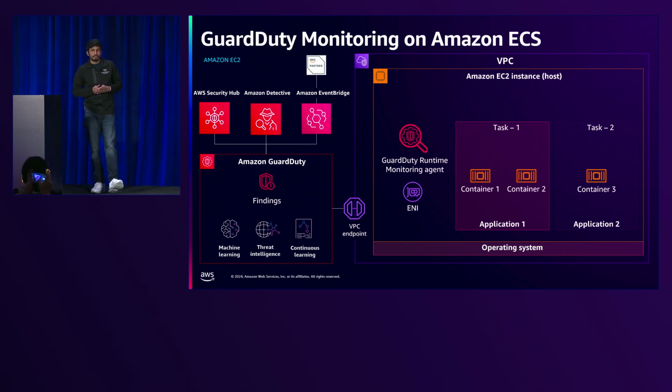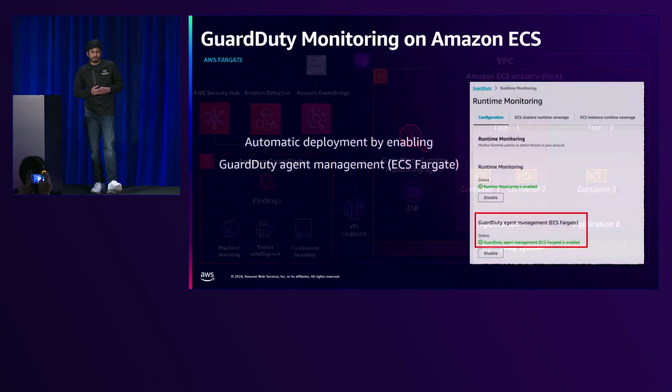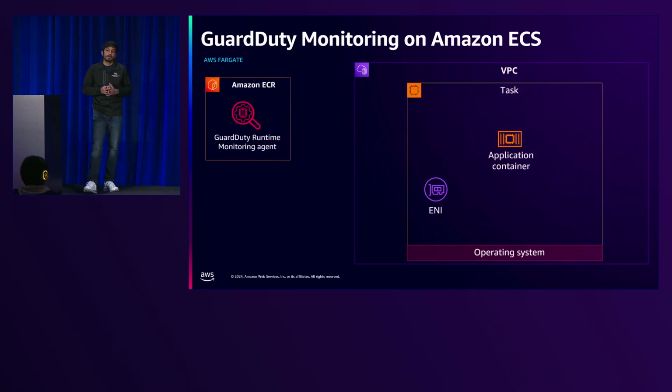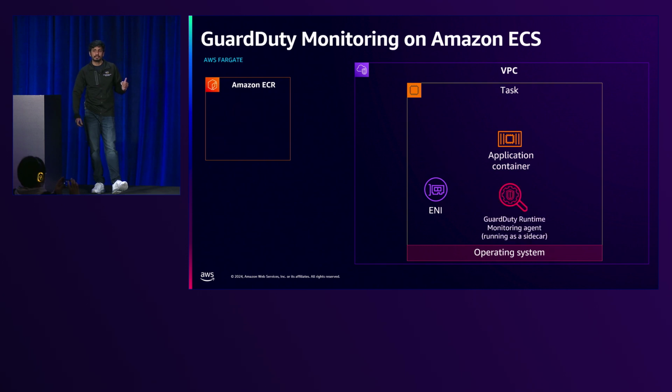Now, when you use AWS Fargate, it is going to be even simpler. You can simply navigate to the Amazon GuardDuty console, enable runtime monitoring, and enable GuardDuty agent management. When you enable agent management in the console for ECS Fargate, it is going to automatically pull the GuardDuty agent Docker image from Amazon ECR, and it is deployed as a sidecar container along with your task.